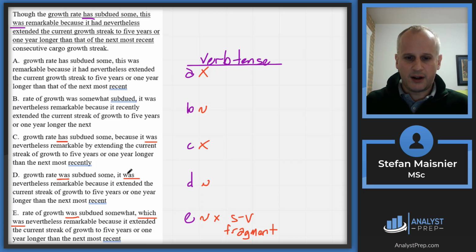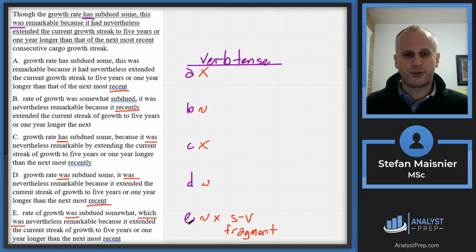Now, there is a word that moves, however. We've moved "recent" in choice A here in choice B, and it's still at the end in choice D. And in choice D, it's talking about the next most recent consecutive cargo growth streak. And that makes sense from a comparative perspective.